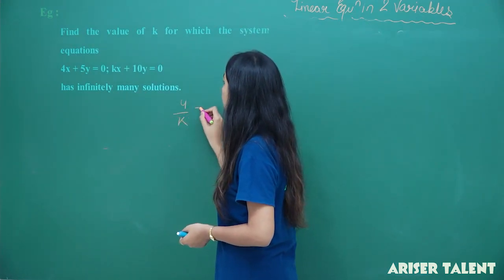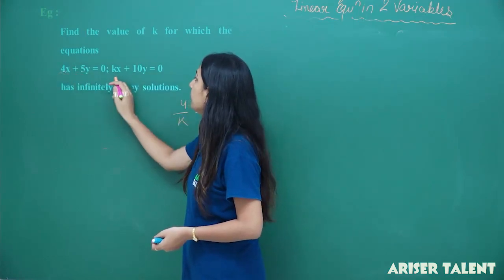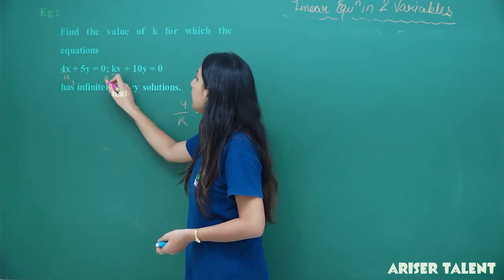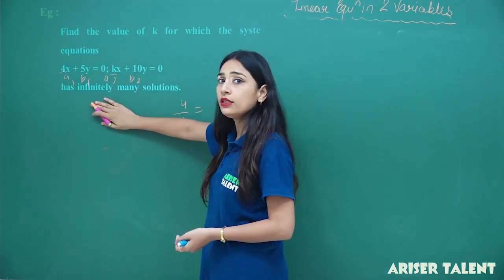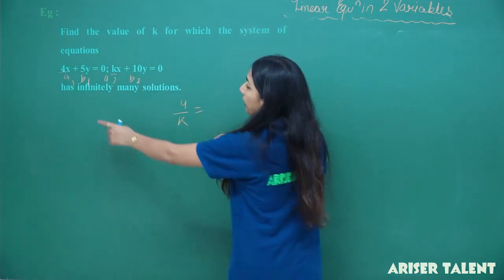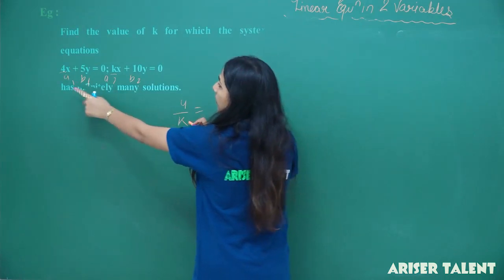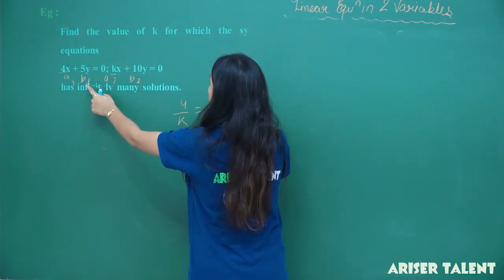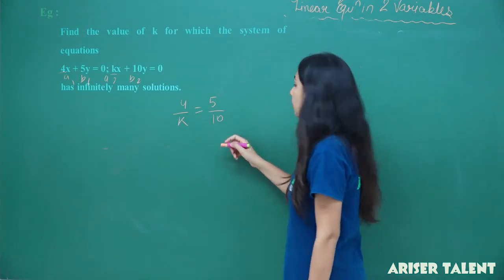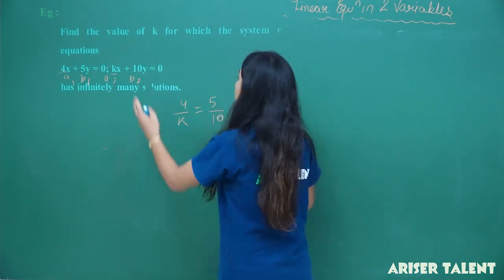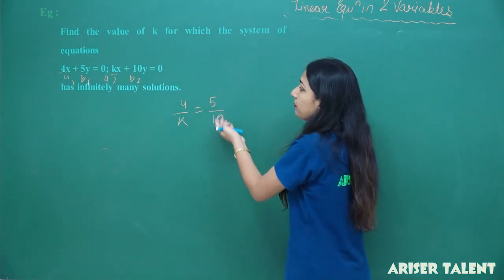So 4 by k should be equal to, just this is A1 and this is A2, A1, A2 right here also. B1, B2 right here only in the question, and just find out A1 by A2 is 4 by K and this is 5 and this is 10. Just write this like that, A1 by A2 and B1 by B2 like this.